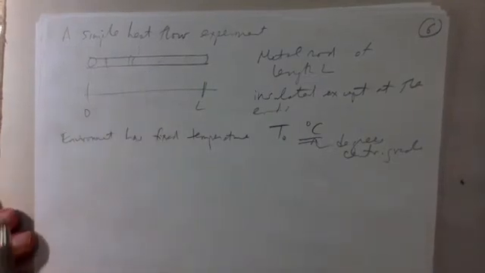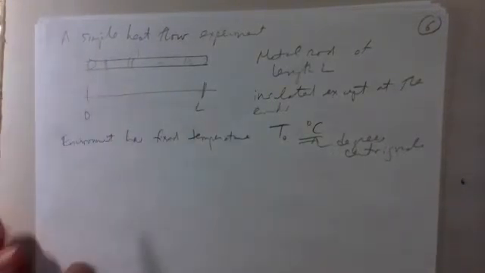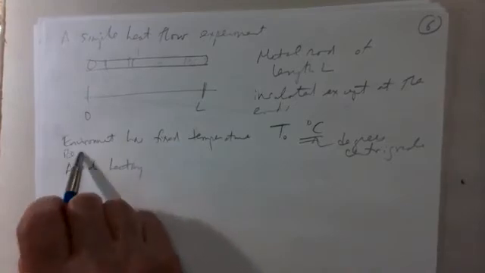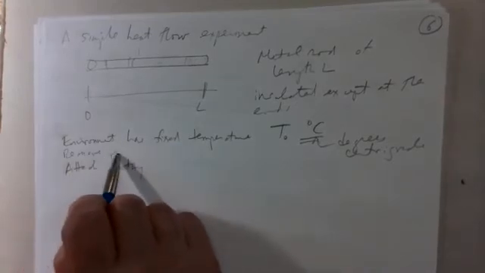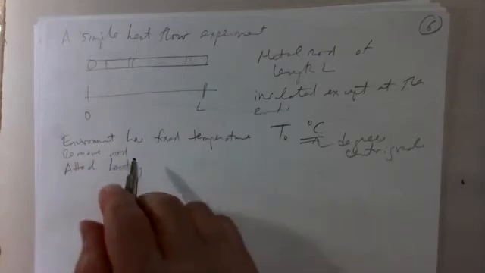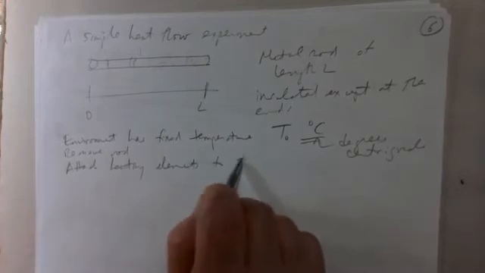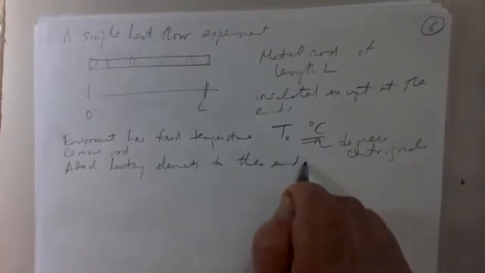So now we take it out of this environment where the temperature is T0, and we apply heating elements to the ends. We remove the rod from this fixed temperature environment and attach heating elements to the ends.